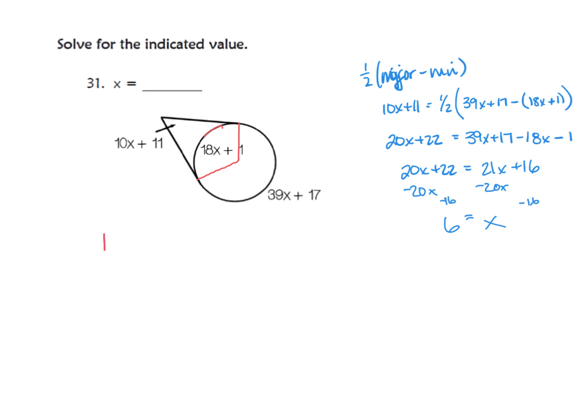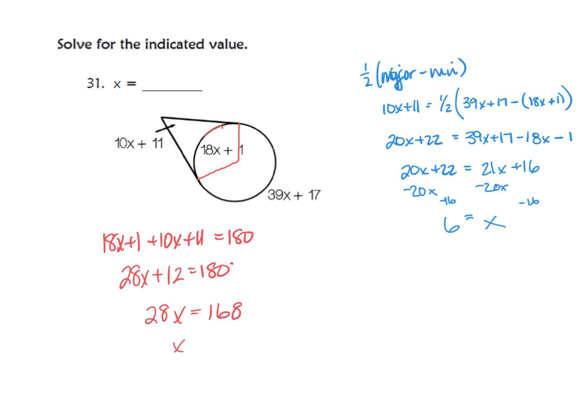So that means that 18x plus 1 plus 10x plus 11 has to equal 180 degrees. Combine my like terms, I have 28x plus 12 equals 180 degrees. Subtract 12 from both sides, I have 28x equals 168. Divide both sides by 28, and I get x equals 6. All right, so just two different ways there to look at it.